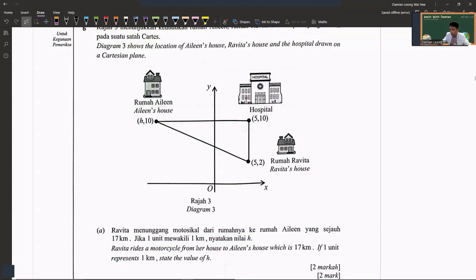So her house, Ravita's house, to Eileen's house is 17 km. See here, from 10 to 2 means the distance is 8. And here to here, we want to find the value.